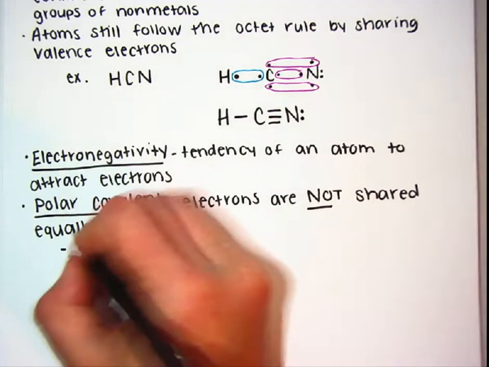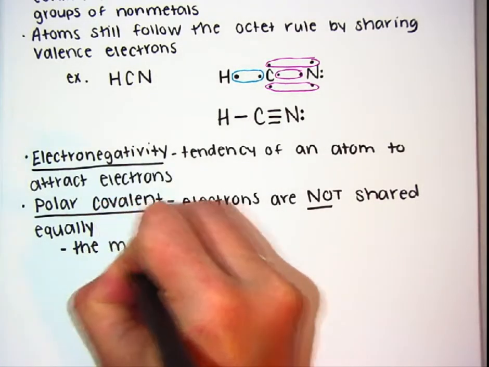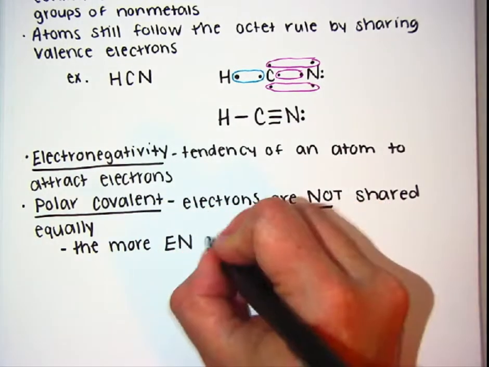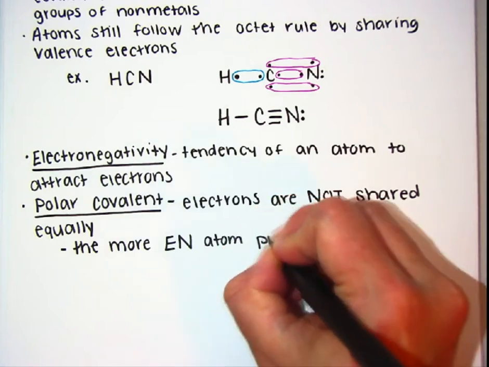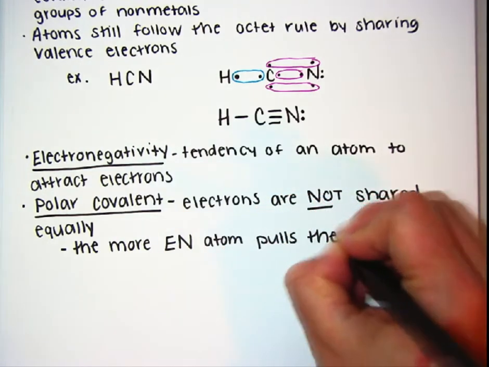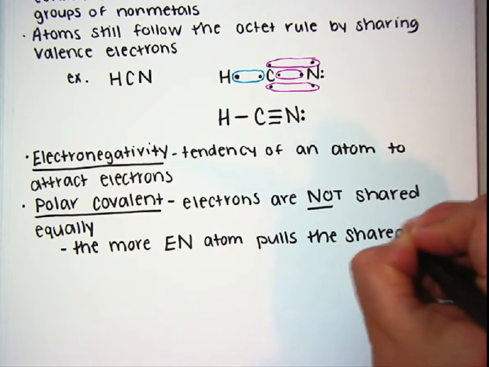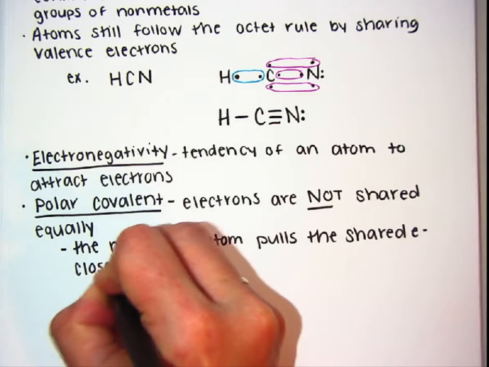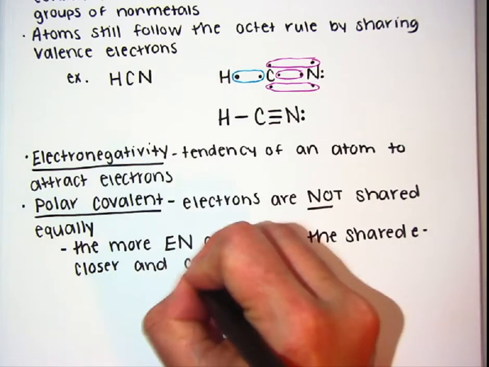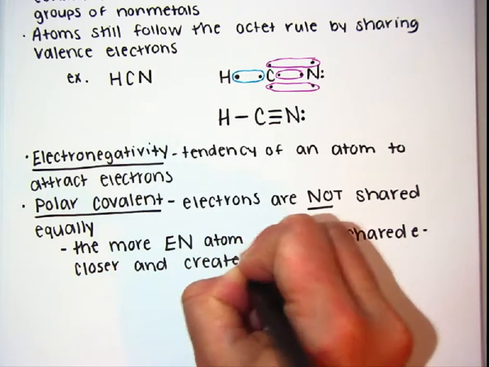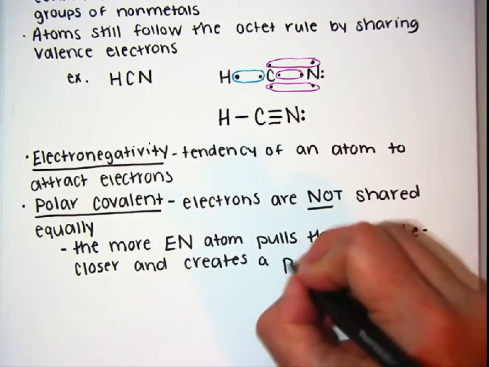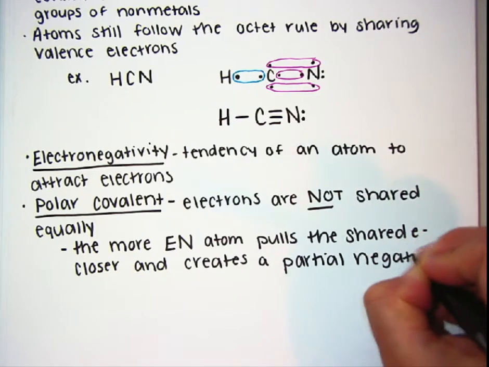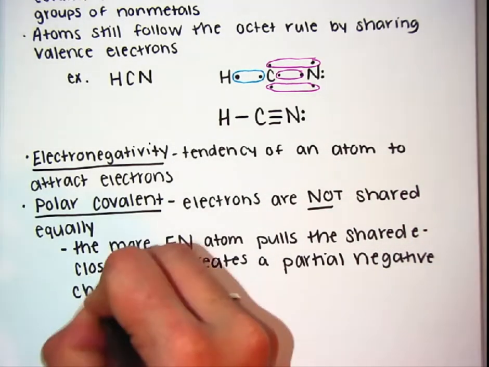What's going to happen is the more electronegative atom pulls the shared electrons closer and creates what we call a partial negative charge.